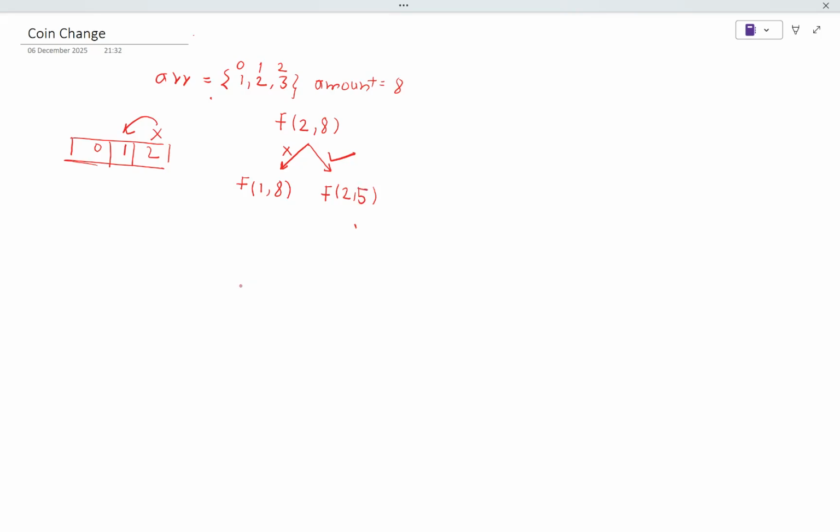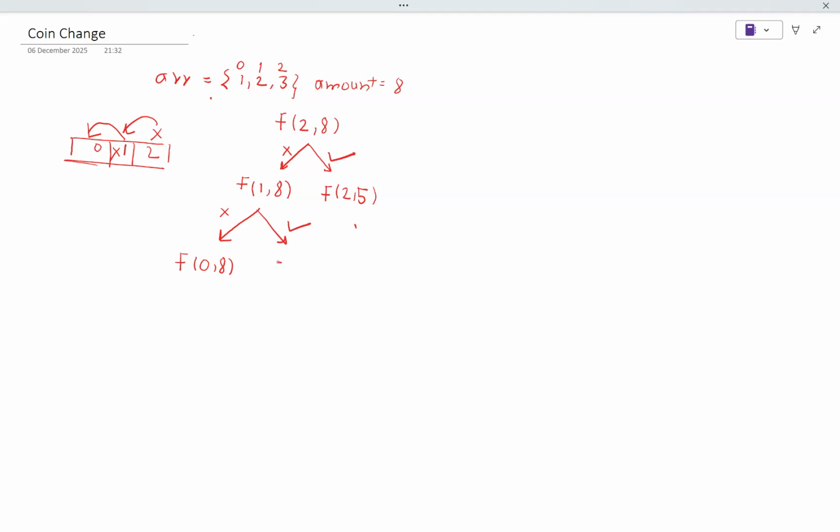So basically 5 will be my remaining amount. But if I go here, again my recursive tree will branch into pick and not pick. Here, if I am not picking, then again I will go to the 0th index, and the target amount will be the same as 8.